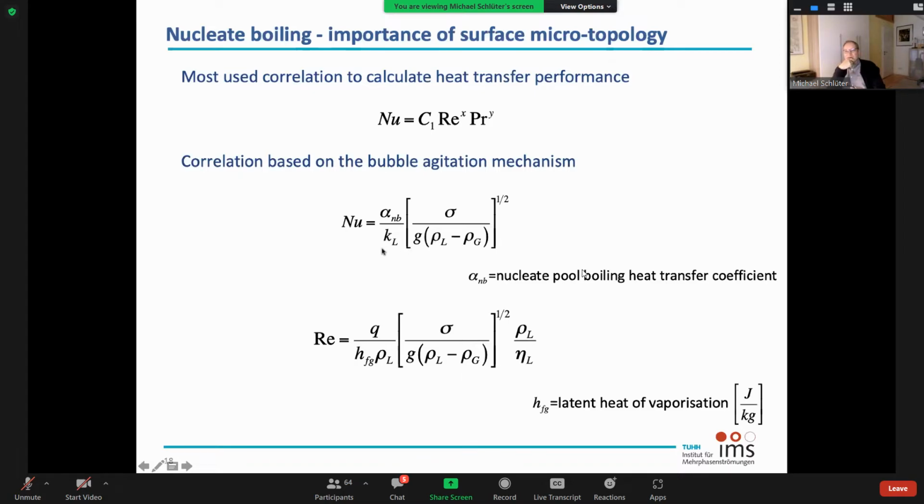And further on, of course, we need our heat transfer coefficient for nucleate pool boiling. So this is, once again, our alpha value, but it's the alpha value for nucleate pool boiling. So we use lambda, this is our alpha, and this is our characteristic length in this case, the characteristic length that comes from the length that is induced by the separation radius.